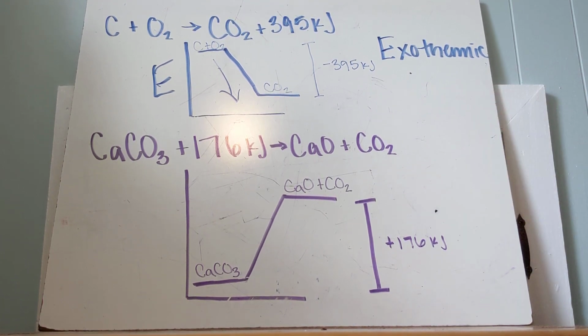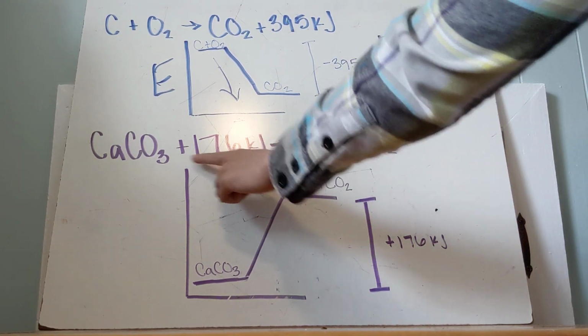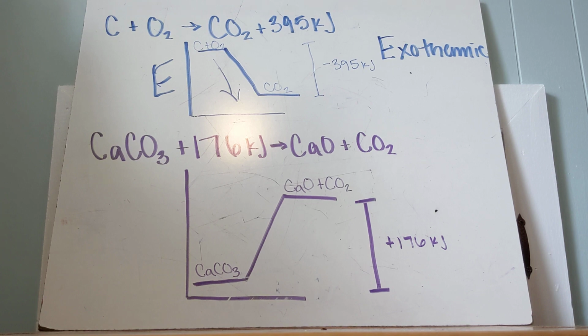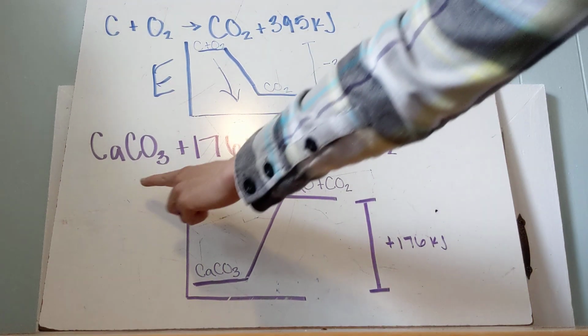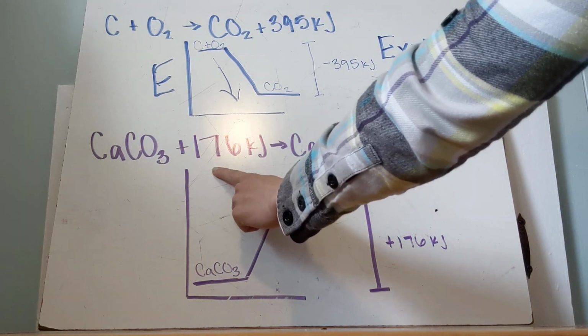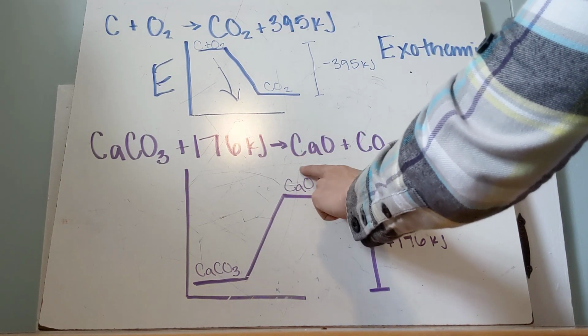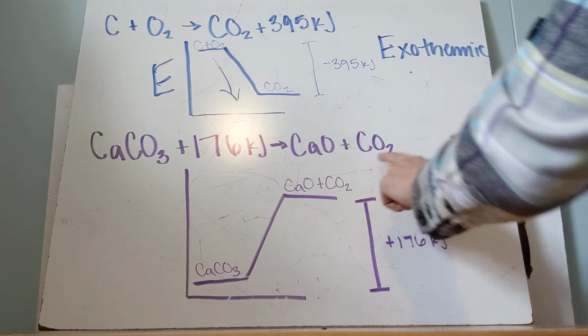This reaction, notice what side the energy is on. We have plus 176 kilojoules, but it's on the left-hand side of the reaction. Okay, it's on the reactant side. So in this reaction, we have calcium carbonate plus 176 kilojoules yields calcium oxide plus carbon dioxide.